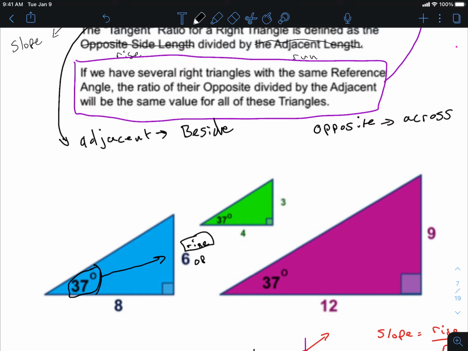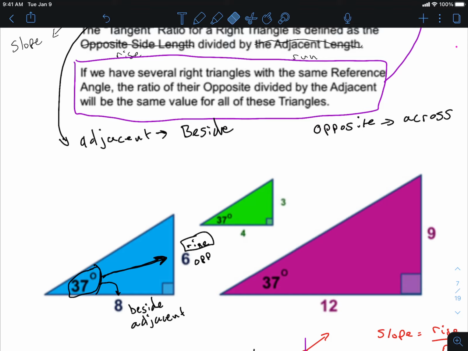We can call it opposite. It's opposite because I'm standing directly across from it. Now, while I'm standing right here in this corner, directly beside me, or adjacent, is the 8.